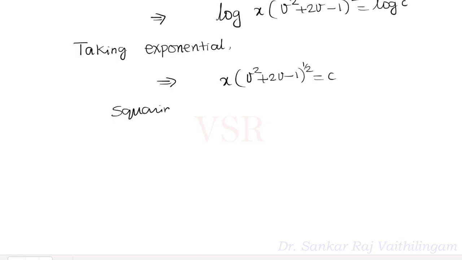Squaring, we get x square, and the root will go, so v square plus 2v minus 1 is equal to c square.